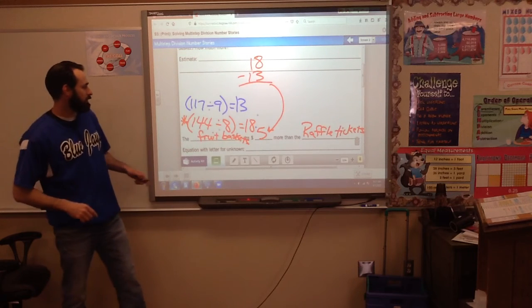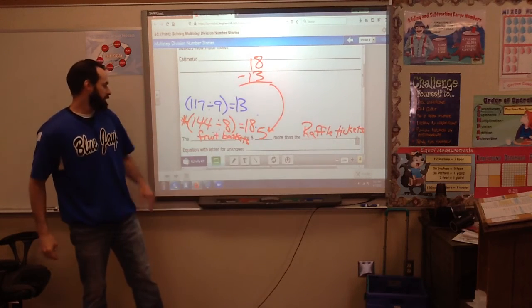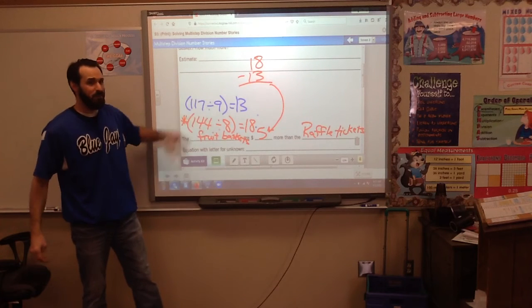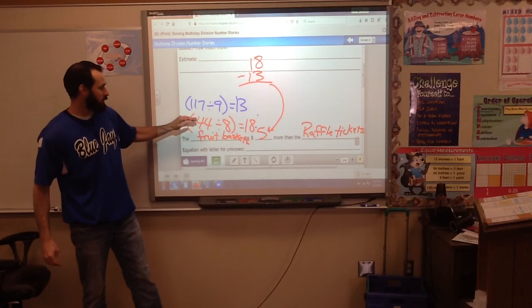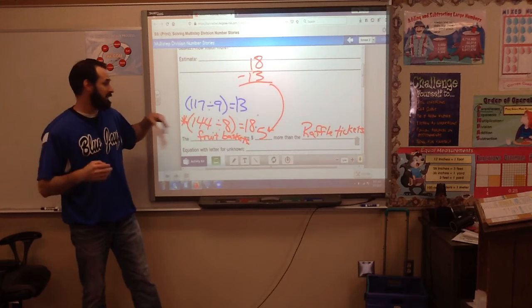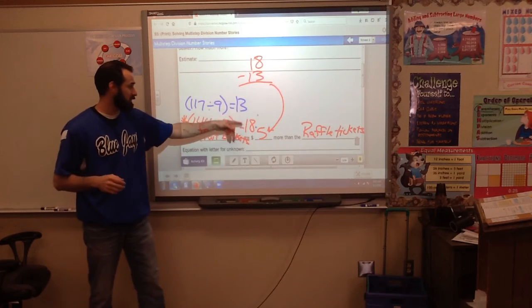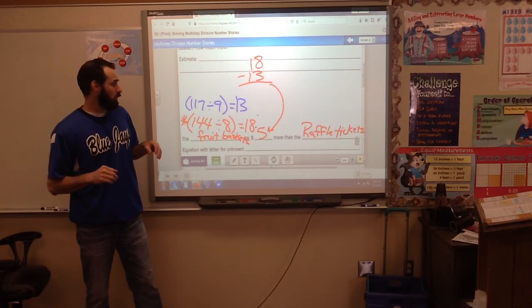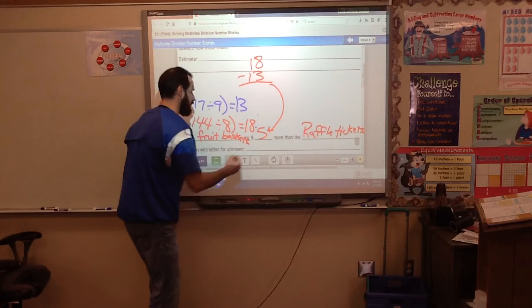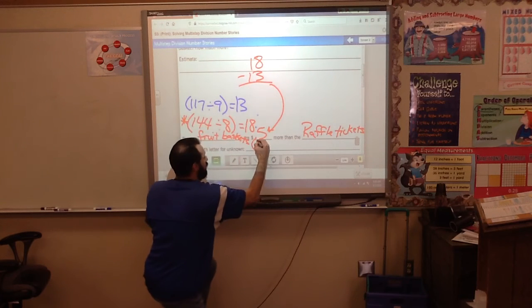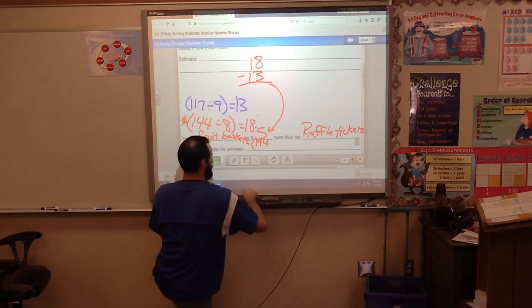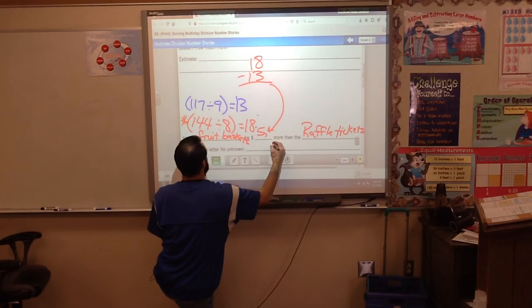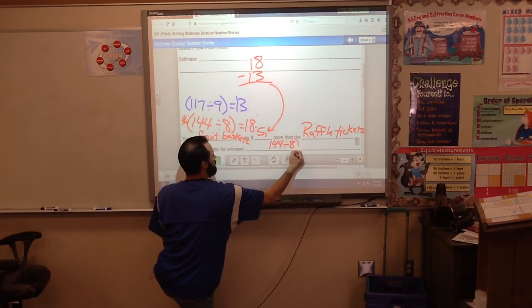Writing our number model with unknown, we're gonna have to use some parentheses here, but we got to start with this because this is the bigger solution. 18 is a bigger solution than 13. So we need to lead with that, and we're going to have to put it in parentheses. So this should be 144 divided by 8. Oh, that's terrible. That's that spot in that smartboard that doesn't work very well. This should be 144 divided by 8.